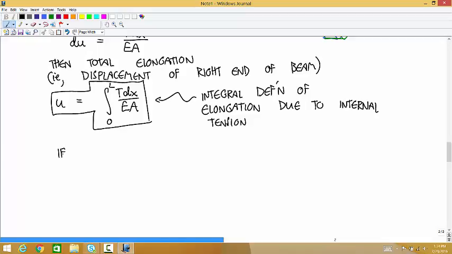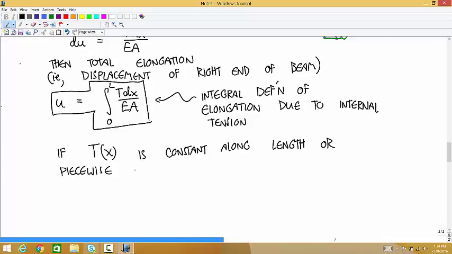So if the internal tension as a function of x is constant along the length, or piecewise constant, then we get these simpler formulas.